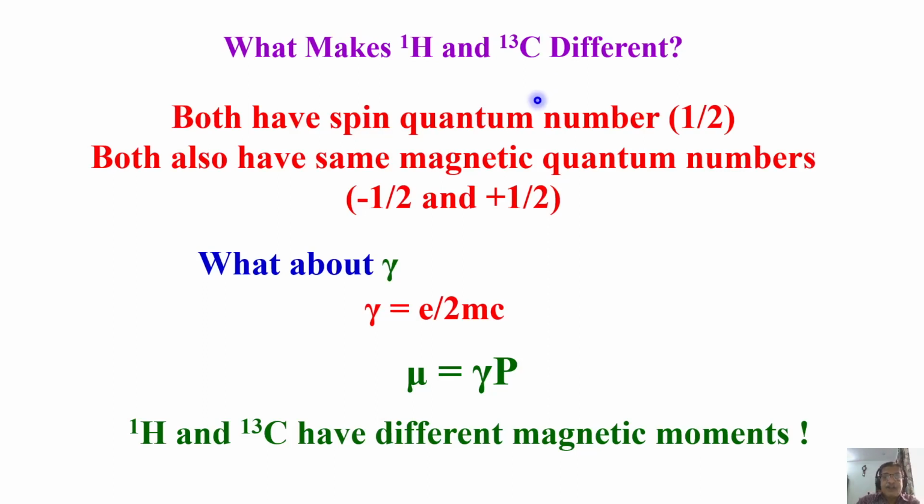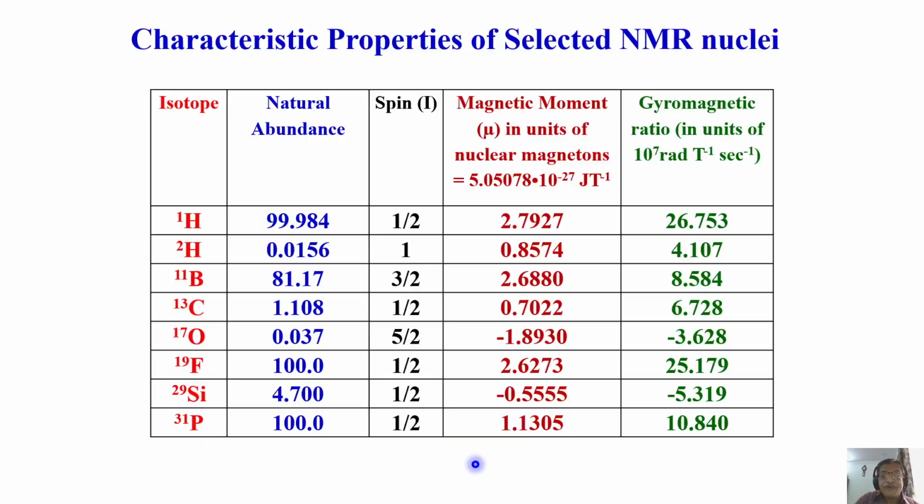As a consequence, mu is different because gamma is different. Mu is equal to gamma into P. So carbon 13 and proton have different magnetic moments. It's a very important point. They have different magnetic moments.